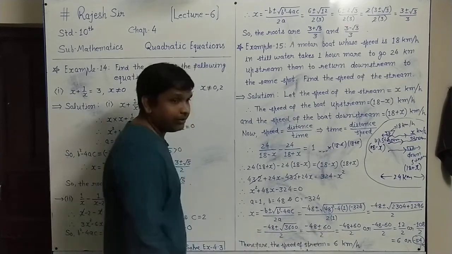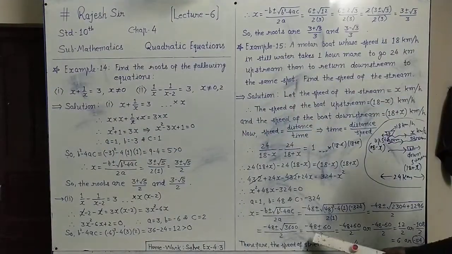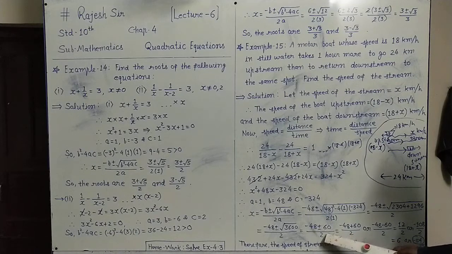This plus or minus means adding the plus term as well as the minus term. Now we will separate it. So minus 48 plus or minus 60 upon 2, by separating, when we take plus first, is minus 48 plus 60 upon 2, or minus 48 minus 60 upon 2. This way we separated plus and minus both.